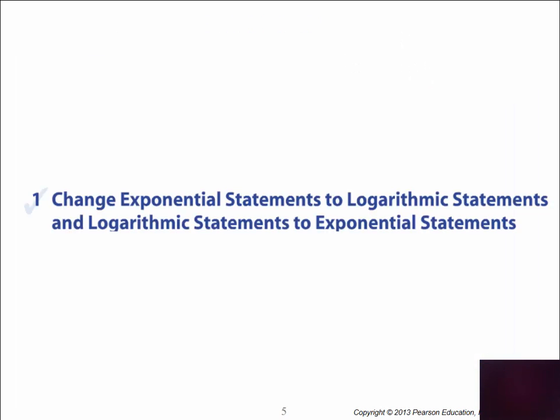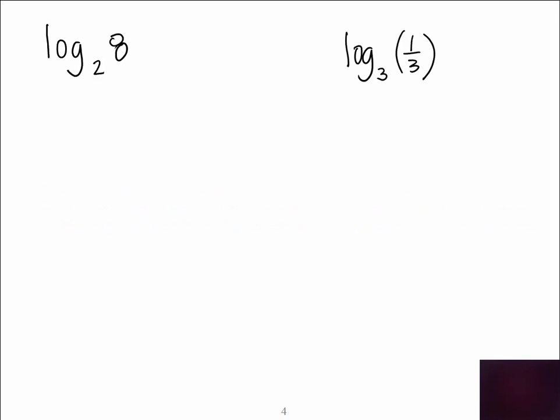So for example, if you're given a logarithmic expression like log base 2 of 8, and you're asked to simplify that, obviously when you see something in logarithmic form, it's a little bit harder to work with. So if you're ever asked to find the log base 2 of 8, the simplest thing to do is first rewrite this as an equation, set it equal to x.